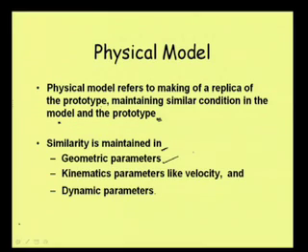Geometric parameters means the dimensions. Say, suppose we are making a model of a spillway, then the length of the spillway in the prototype and the length of the spillway in the model must be proportional. That means the length of each and every part of the model and prototype must be in the same proportion.